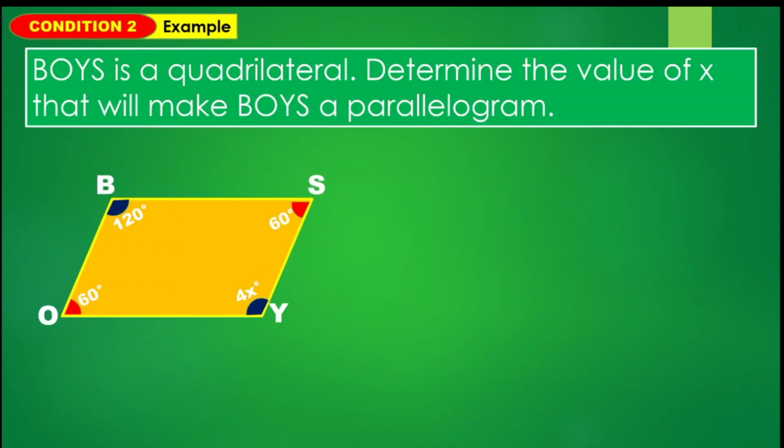That means, as our solution, angle B is congruent to angle Y. To substitute, angle B is 120, then angle Y is 4x. So you have 120 is equal to 4x. And we're after the value of x.